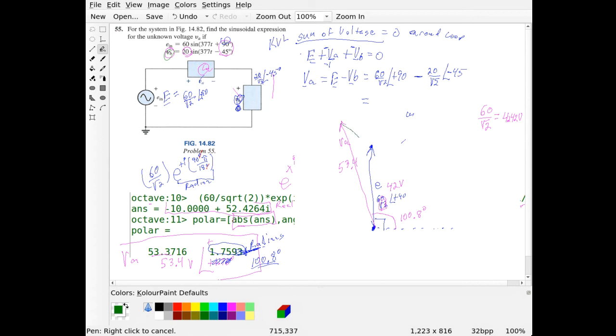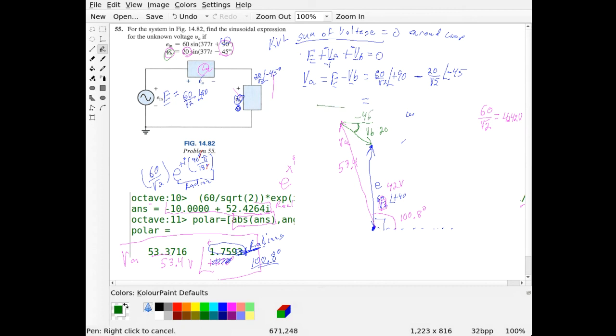VB is 20. So this is VB, which has a magnitude of 20. And the angle we're measuring right here is minus 45 degrees.